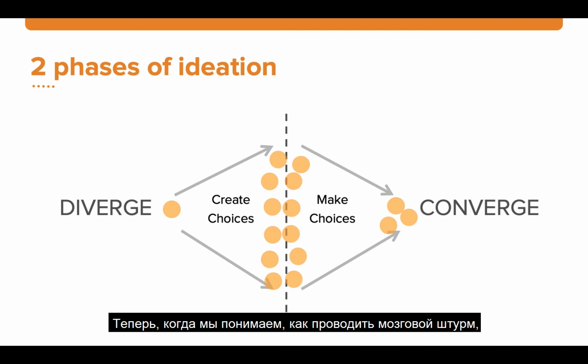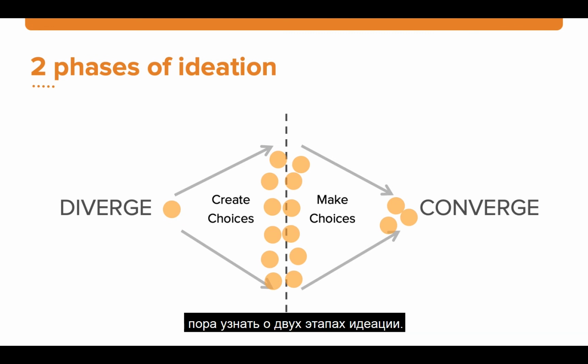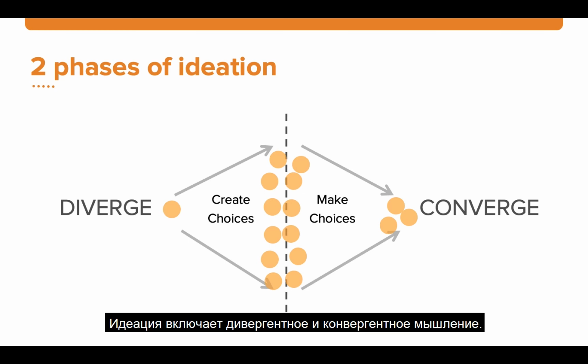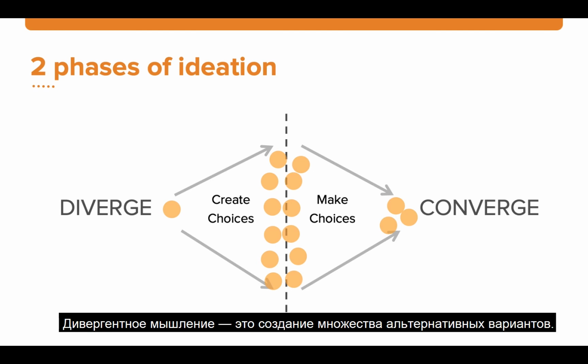Now that we understood how to conduct a brainstorming session, it's time to learn about the 2 phases of ideation. Ideation is comprised of both divergent and convergent thinking. Divergent thinking is creating and generating numerous choices.